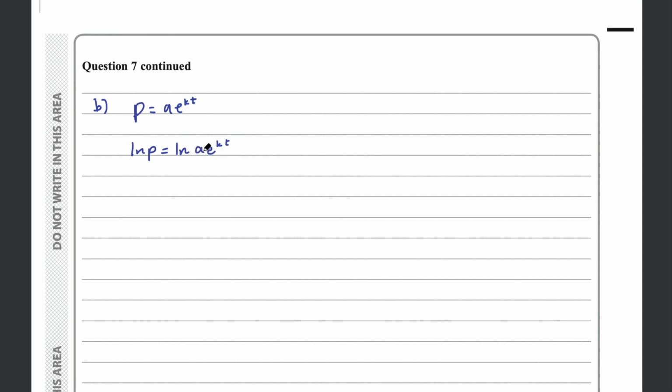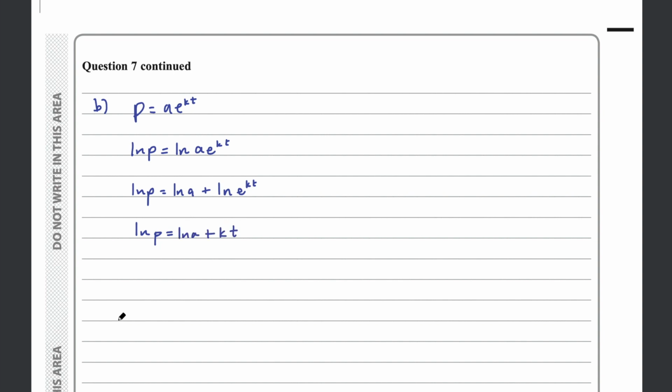Now the log of two things multiplied can also be written as the log of the first term plus the log of the second term. And as we said before, the log of e to the power of something, they cancel each other out. So this could also be written as the log of P equals the log of a plus kt.